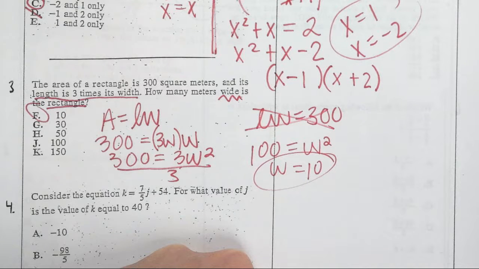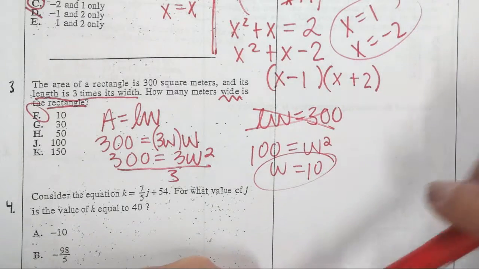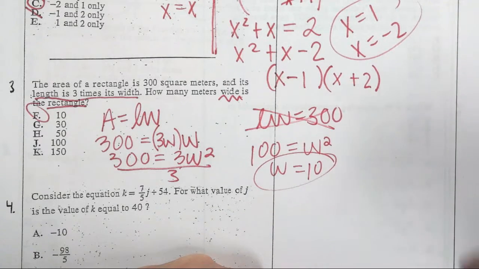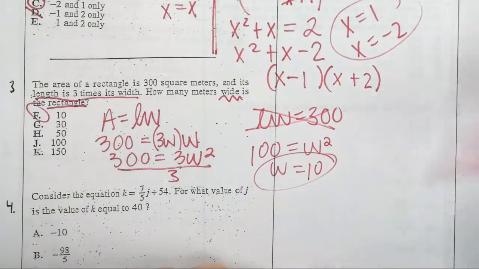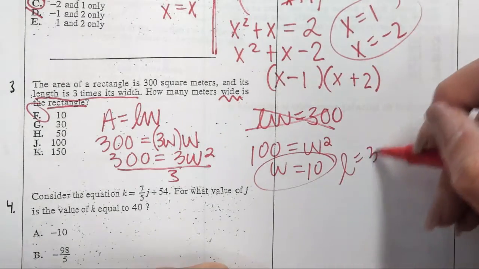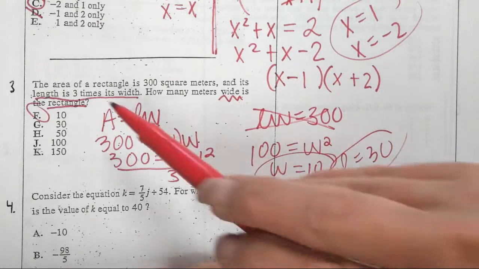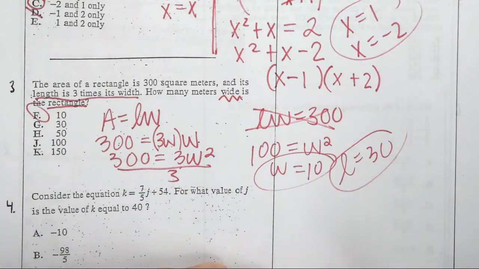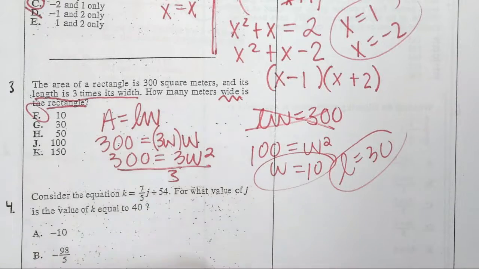Wait, no. Because it says wide, so you would think wouldn't it be 30 feet? You would think that it would be 30, but remember you have to take the square root of it. The length would be 30. And that would make sense with what they give us when they say the length is 3 times the width. Then 30 times 10 equals 300. Does that make sense? So it checks out.